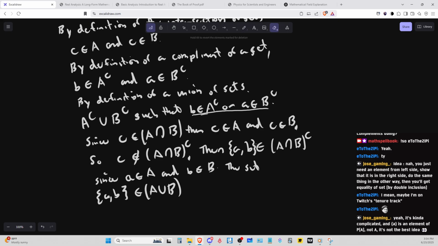So the thing of it is that we know that these elements are going to be in A and B, so probably we should take this out. Since A, okay, so this one should make sense. A and B are elements of the complement here, the complement of the intersection of A and B. Now, we're so close because the elements are in here.